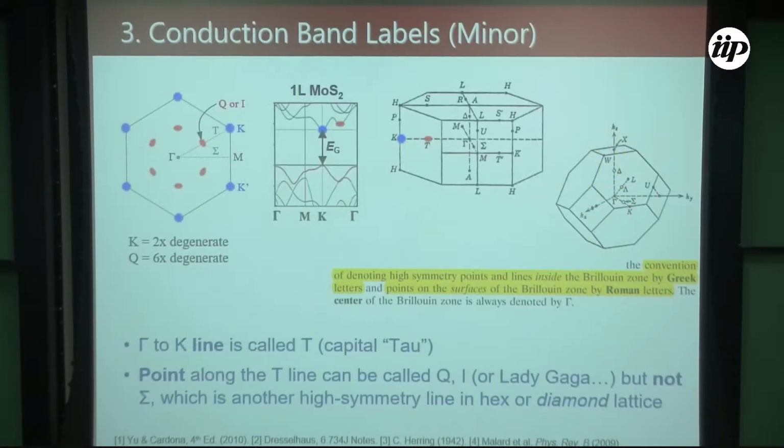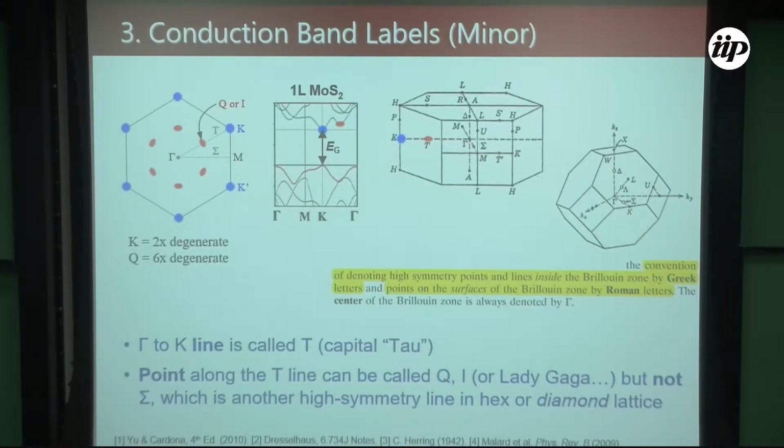Okay. Number 3, minor stuff. This is like me complaining that, oh, I don't know, the temperature is in Fahrenheit instead of Celsius. It's not a big deal. I can really understand both.